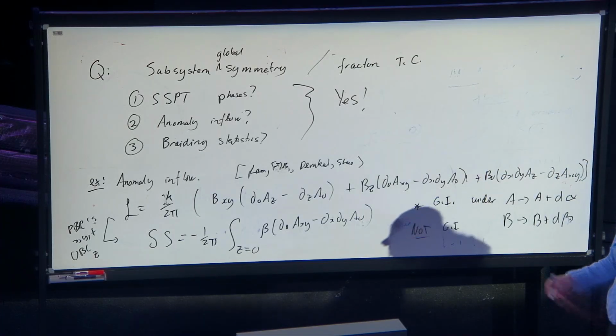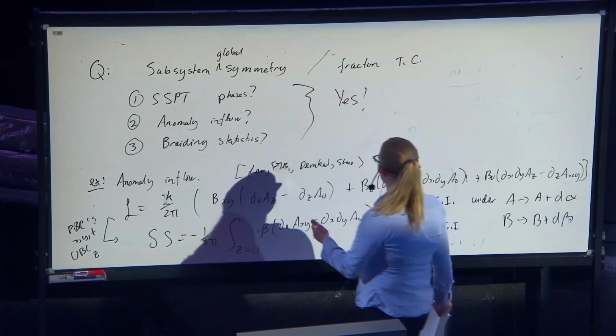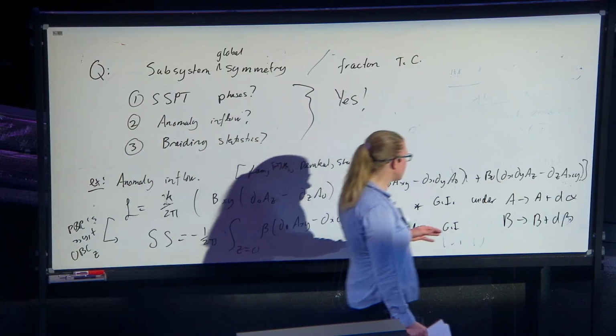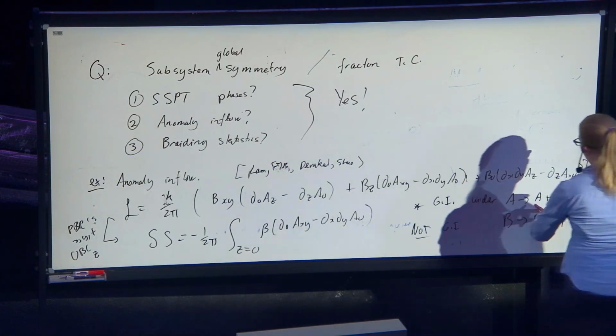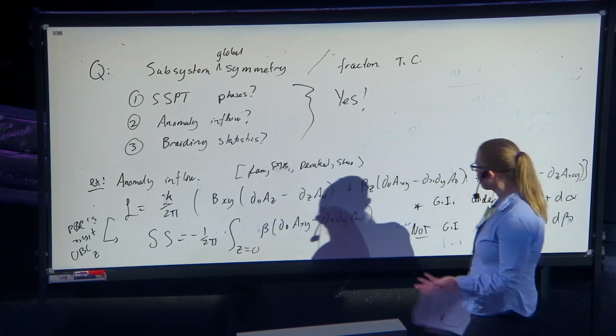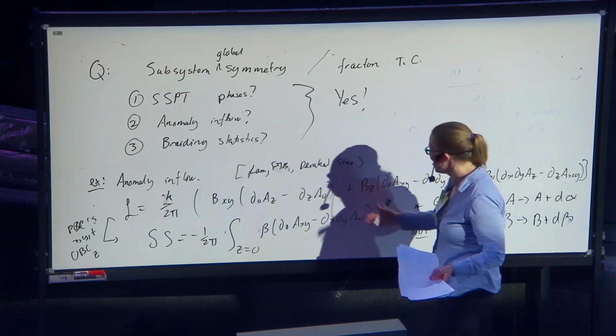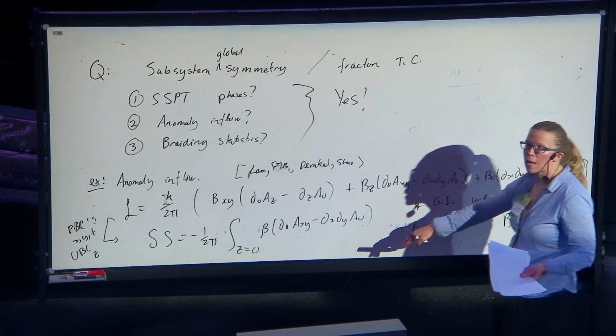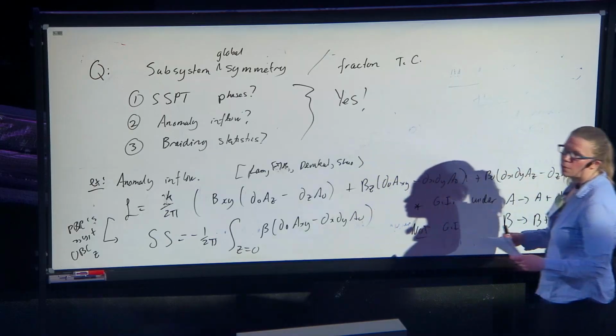Now, obviously, I could have written this action in a way that would have been totally equivalent in the bulk, where it was gauge invariant under this transformation, but not under this transformation. But you can convince yourself by trying enough things that you can't get rid of this boundary term for both A and B simultaneously.